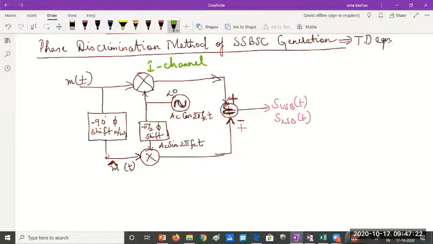And this message is shifted in phase by 90 degrees to obtain m cap of t, the Hilbert transform. Similarly, the carrier is also shifted in phase by 90 degrees to obtain the quadrature phase carrier sin 2 pi fct. So this is the quadrature channel. Once they are multiplied, we either add both the components to get LSB or subtract the sine from the cos to get USB. That's all. That represents the phase discrimination method of SSB-SC generation.